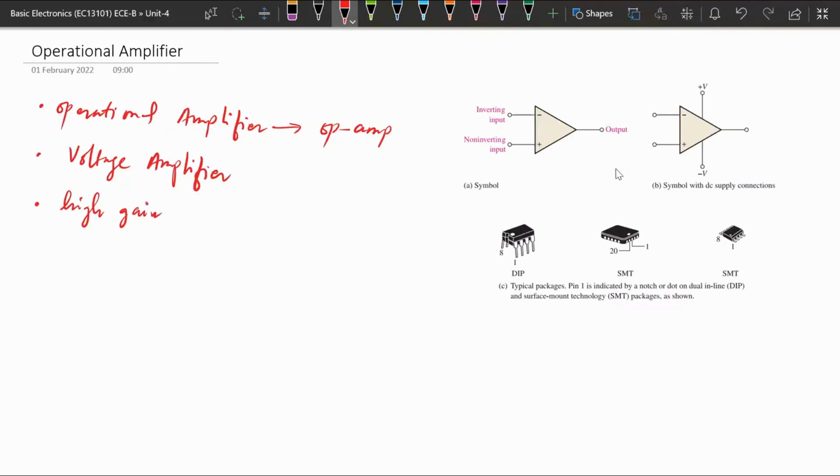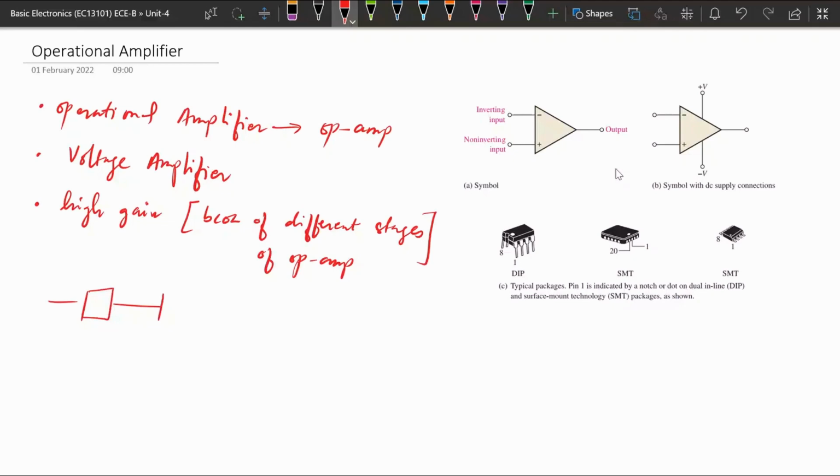This high gain is because of the different stages of the operational amplifier. It is not a single stage amplifier. One stage is cascaded with another stage and then another stage, like a first stage, second stage and third stage.